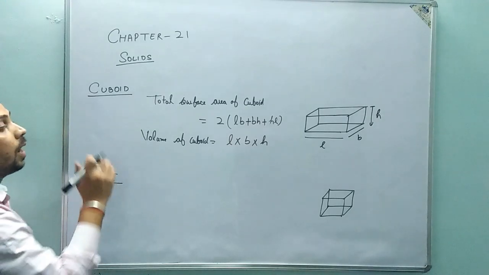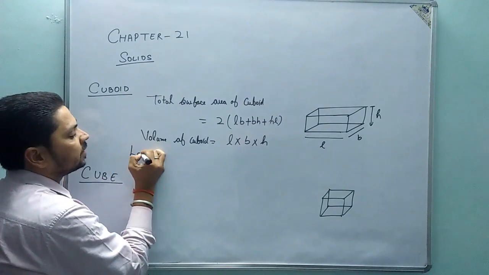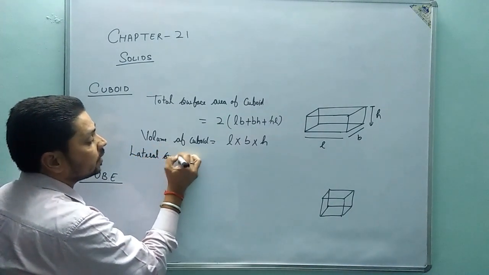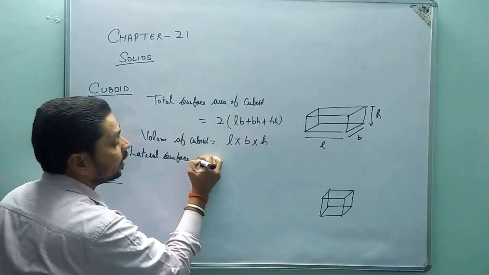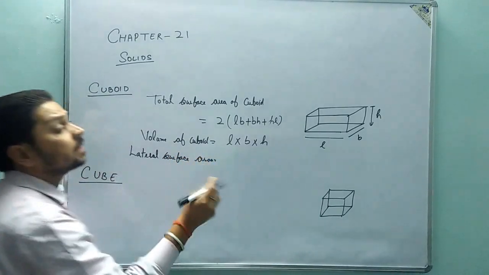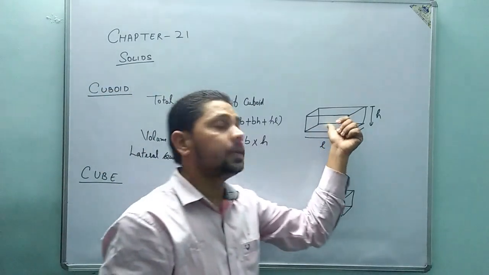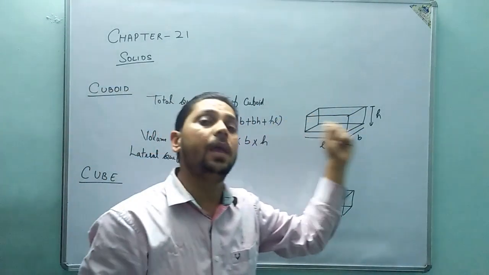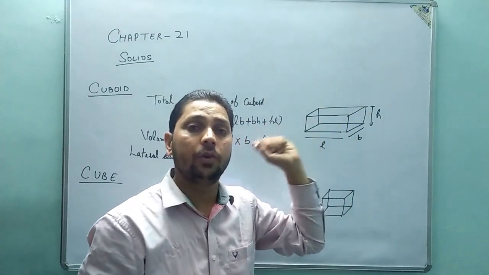Then we have the third formula, that is lateral surface area. What is lateral surface area? In this particular cuboid, lateral surface area is the area of the four walls of the cuboid.